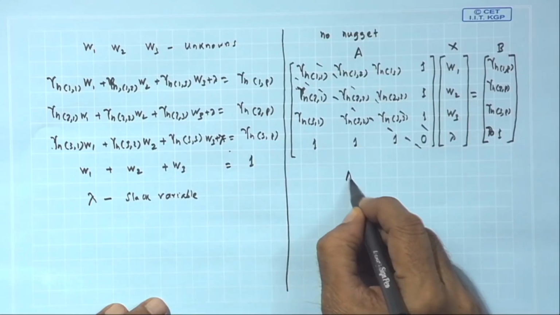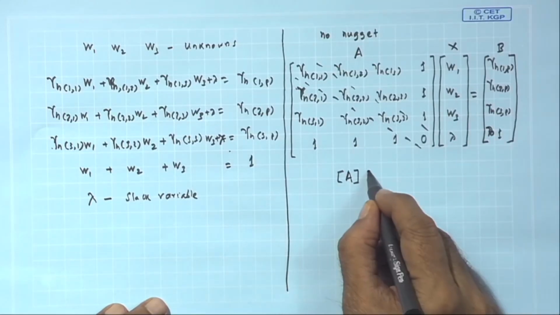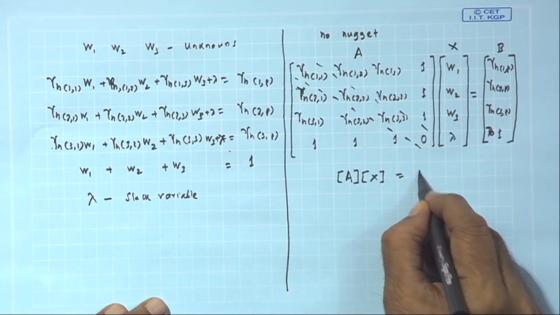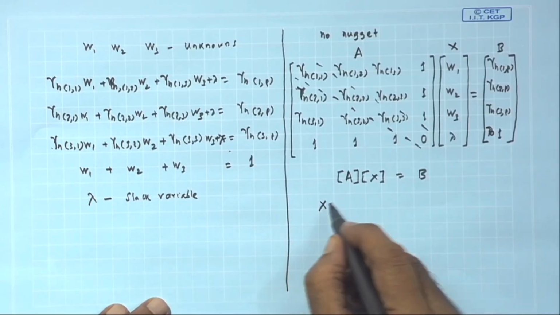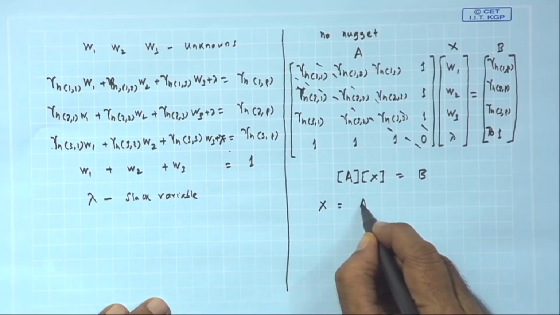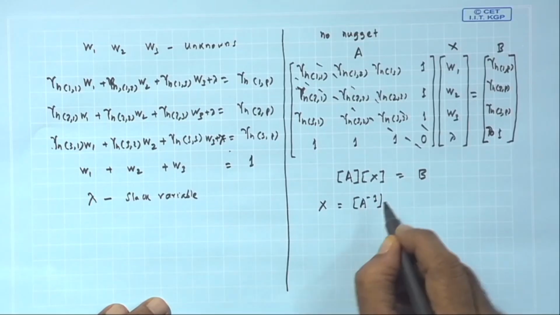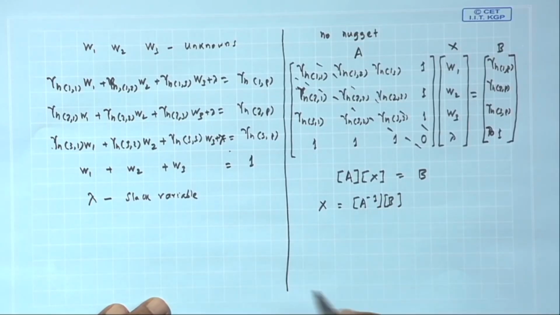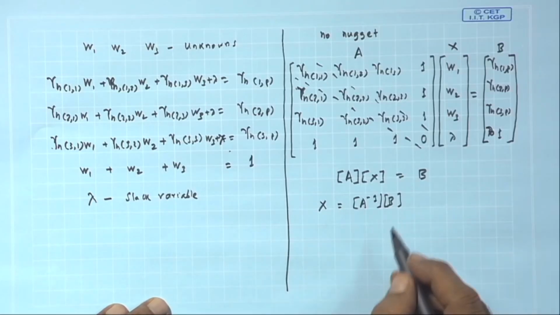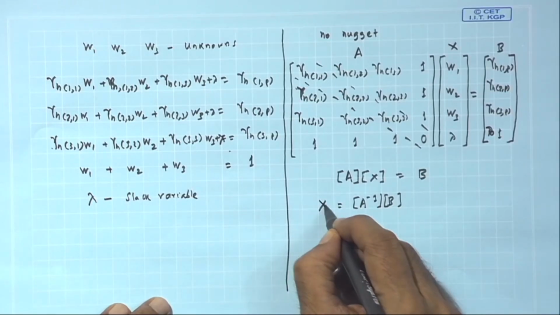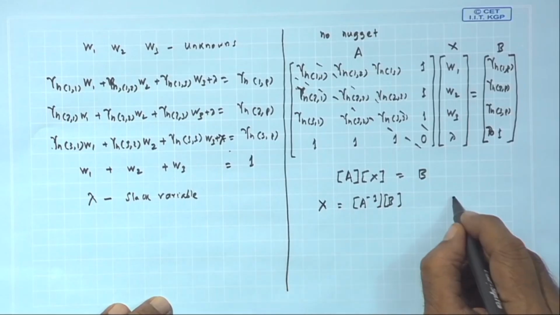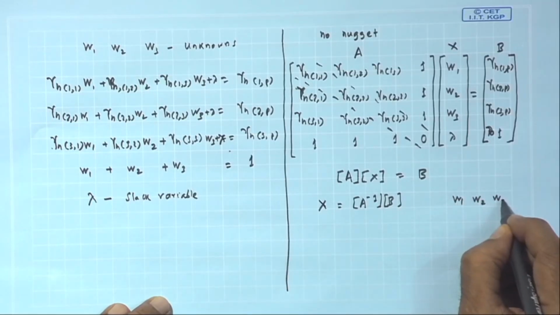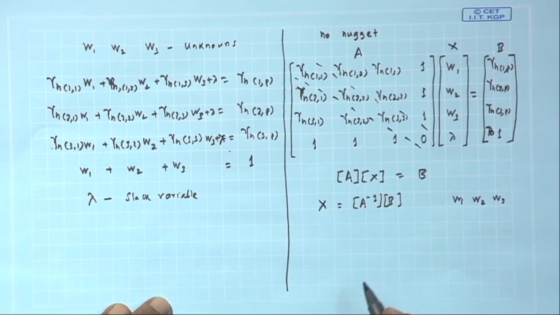So this forms AX is equal to B, so X would be A inverse B, because A will be 3:3 and B is 3:1, so it will be 3:1. We will get the column vector which is our X, the values of w1, w2 and w3. It can be solved in this way.